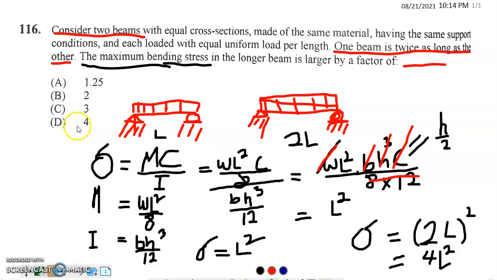In that case, your answer will be D. So the long beam is 4 times the shorter beam. Alright, see you guys in the next question.